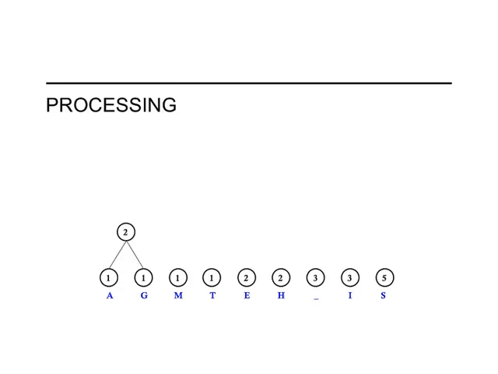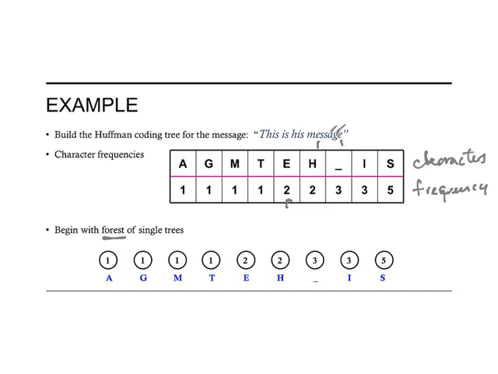Then we choose the two trees with the smallest frequencies. You can see that we have several options: we can take A and G, or G and M, or M and T, or A and M, because we have several cases with the same frequency. It doesn't really matter for now.